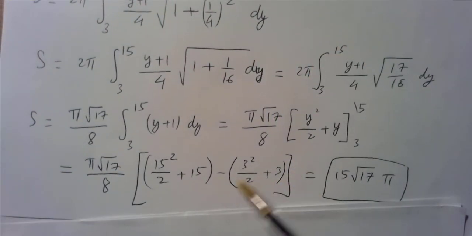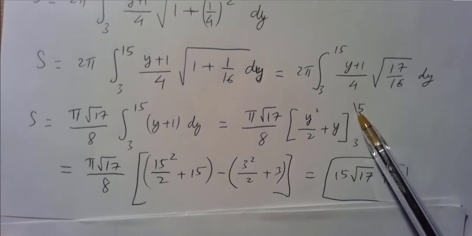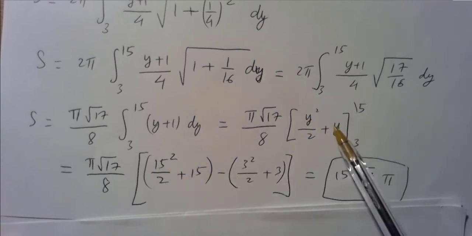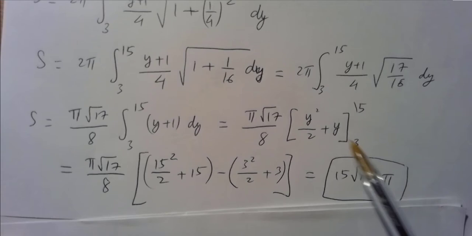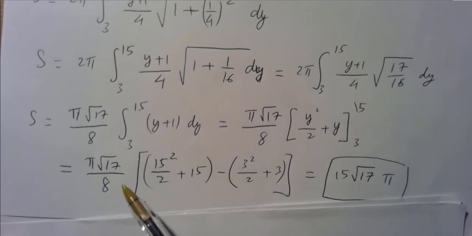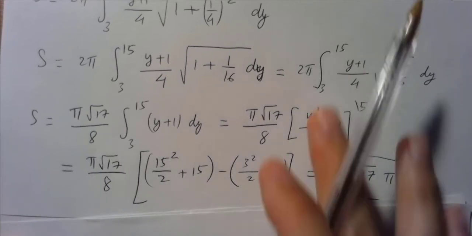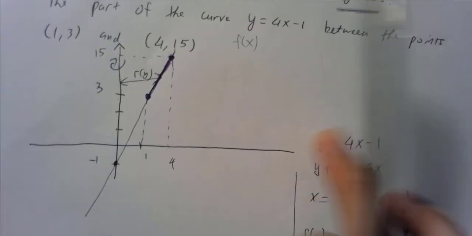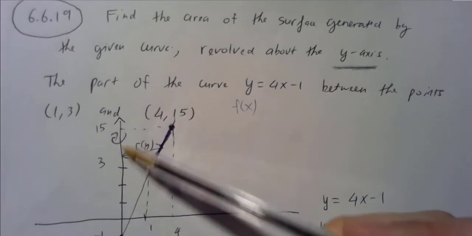All you do now is substitute 15 everywhere you see y, and then subtract the substitution of 3 everywhere you see y. And then if you finish all the calculations, you should get 15 multiplied by the square root of 17 and multiplied by pi. Now this is the case where we go on the y-axis.